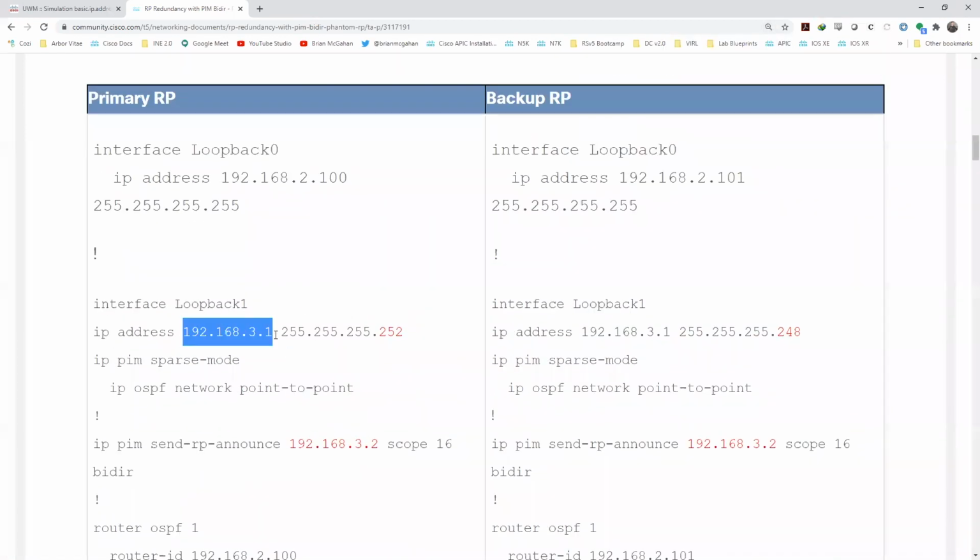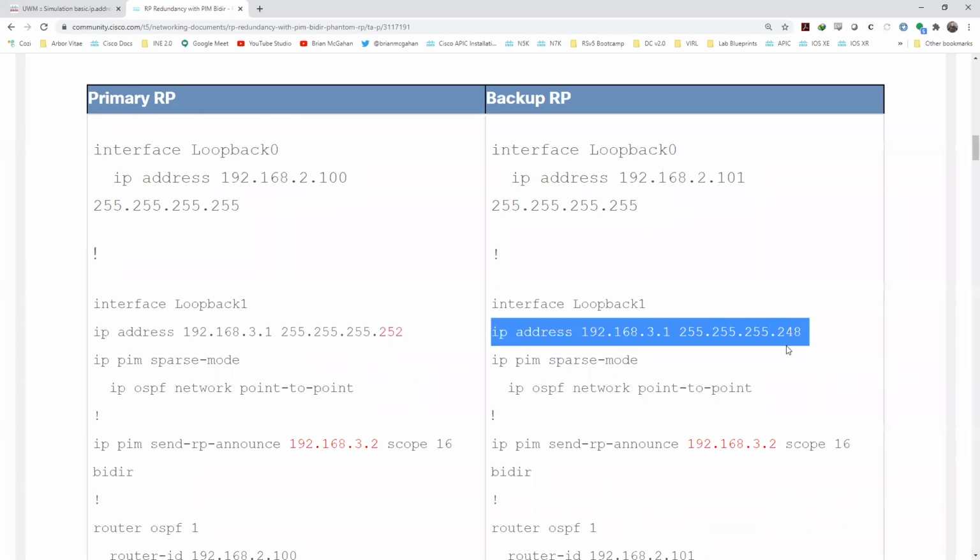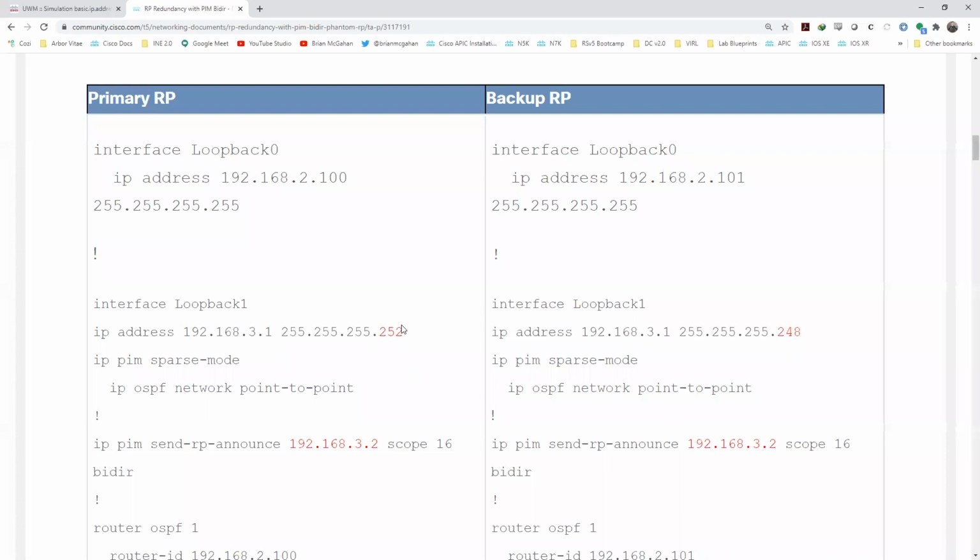So they have duplicate addresses, 192.168.3.1 and 192.168.3.1, but one of them has a mask of 255.255.255.252, and the other one is 248. So this is the primary rendezvous point, and this is the backup rendezvous point. The difference, though, is that it's not active-active, it's active standby.